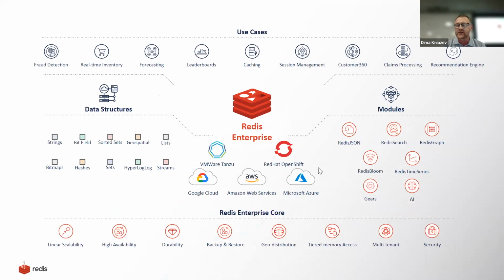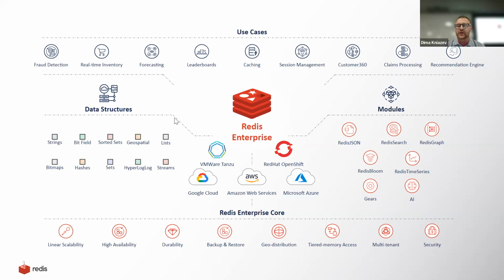Redis itself is an open source product, but Redis company commercialized this in a different product, which is called Redis Enterprise. It can be deployed to pretty much any cloud, any platform.